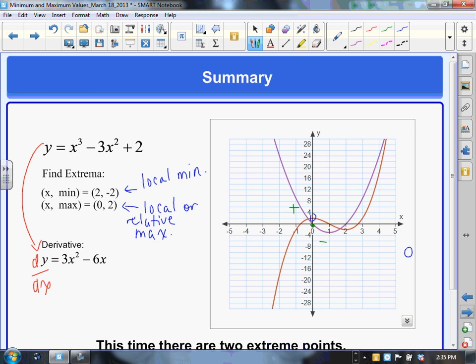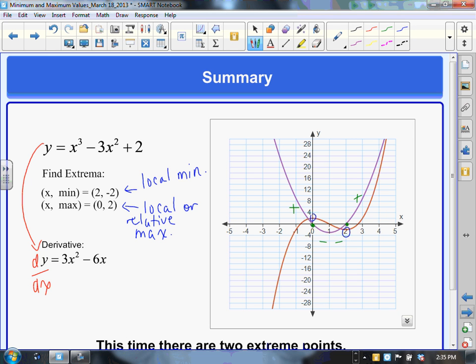Now focus on the local minimum, which is here. What you can see is that at the local minimum, we start off with negative y values, we hit a 0 for the derivative, and then we end up with positive y values.